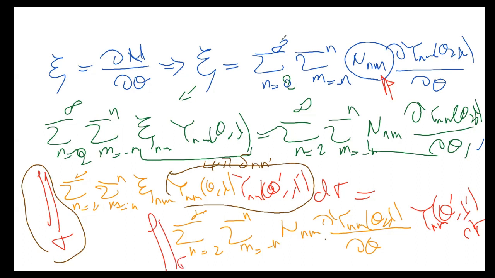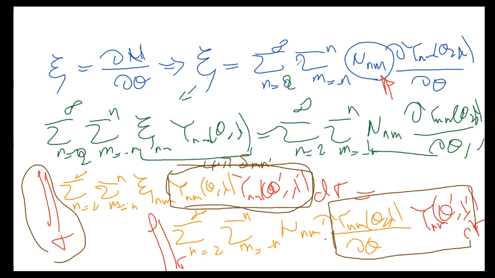So this is not the case for this case because this is the derivative of the function, not the spherical harmonic. So this makes the work a little bit complicated because this orthogonality property is valid for this case, not for this case. So what can we do with it?